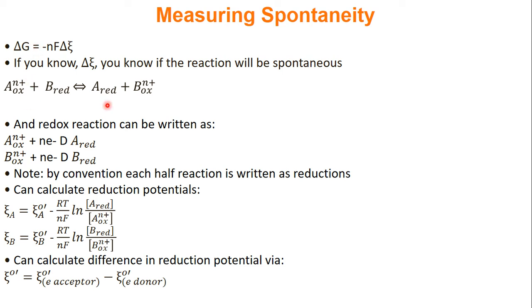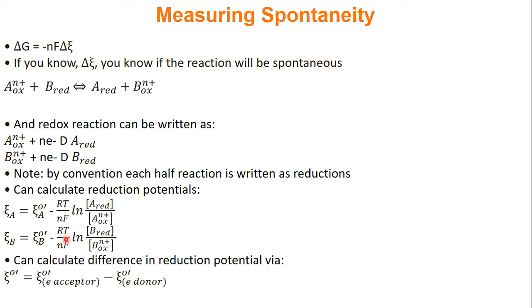If we go back to our scheme of redox reactions, a lot of the time when people write redox reactions, they just write the reduction forms. Again, sorry, these D's are supposed to be double arrows, where A oxidized plus some number of electrons becomes A reduced, and B oxidized plus a number of electrons becomes B reduced. If we use the equation from the last slide, we can calculate reduction potentials for A and B as given here.